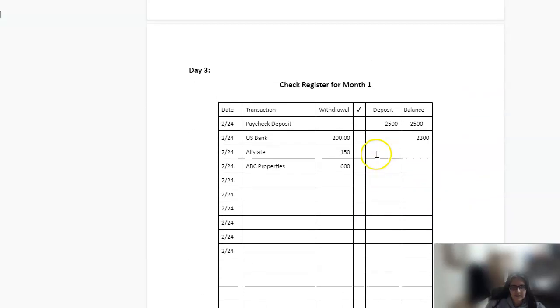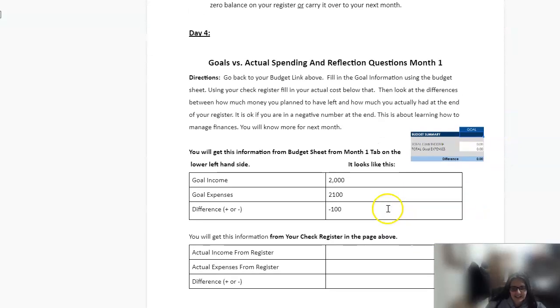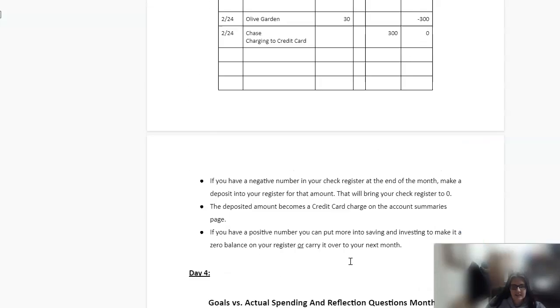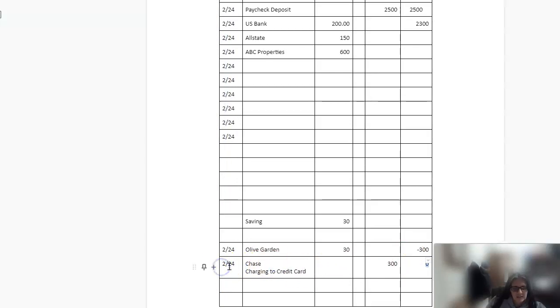My income's higher than I was just using, so I would put in 2,500. Don't put in the 0, because you need to show that you actually went in the hole. Changing the credit card piece, you're not going to count that. You're going to go to the negative 300. Hoping that makes sense.